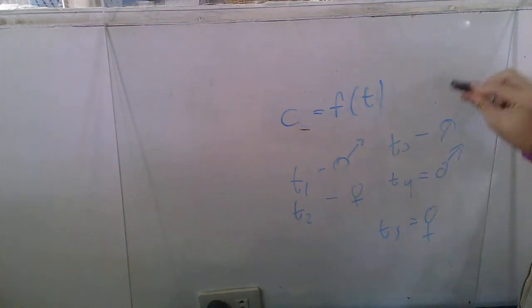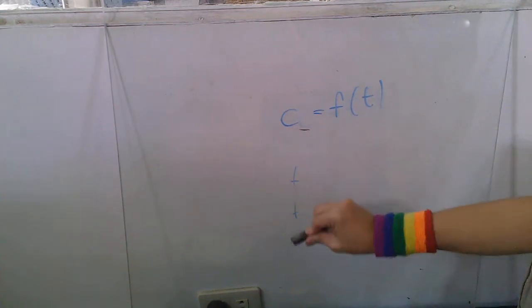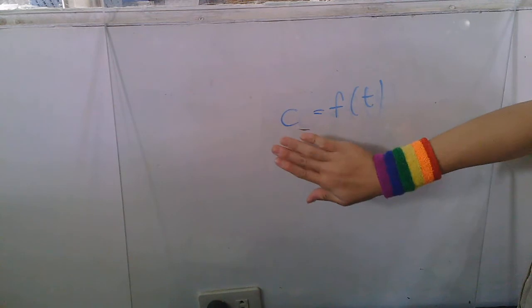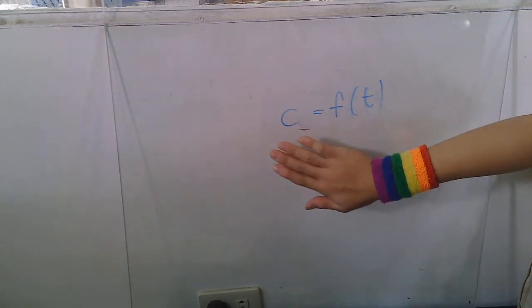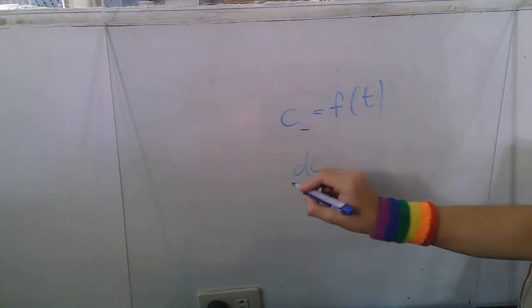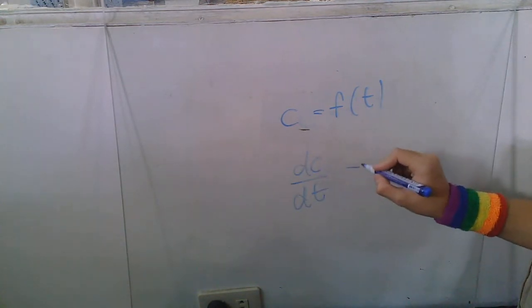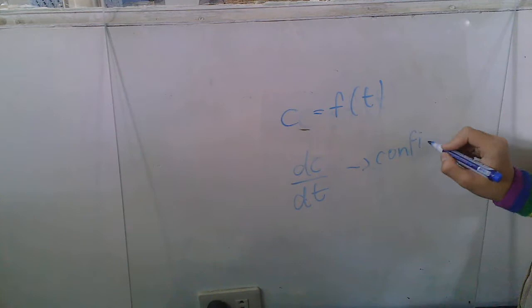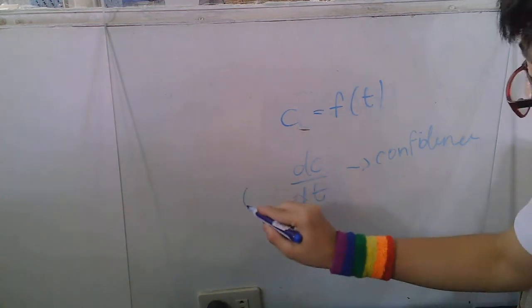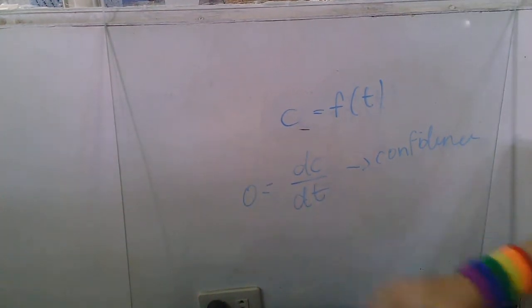Now, as you've already noticed from the notations, the derivative of this function with respect to time is the confidence. The dc over dt is the confidence, which we denote by O. The confidence.